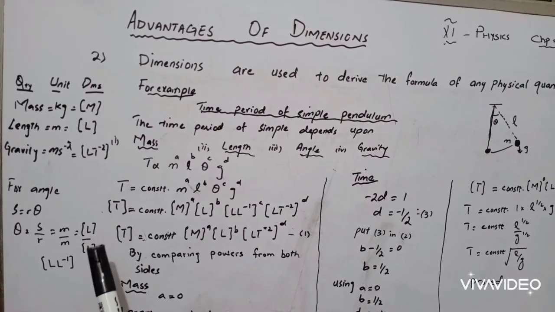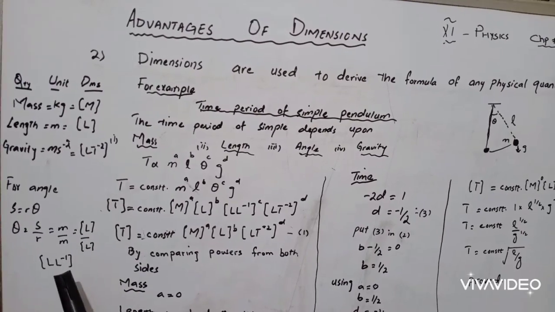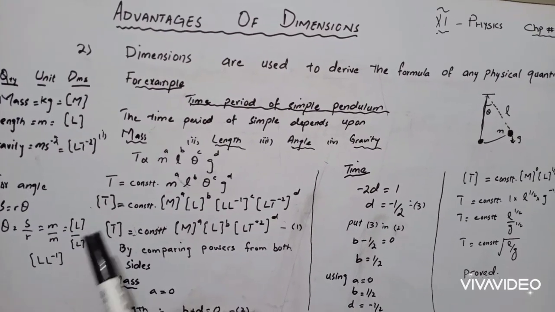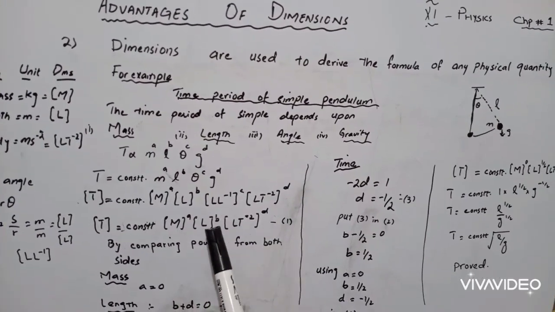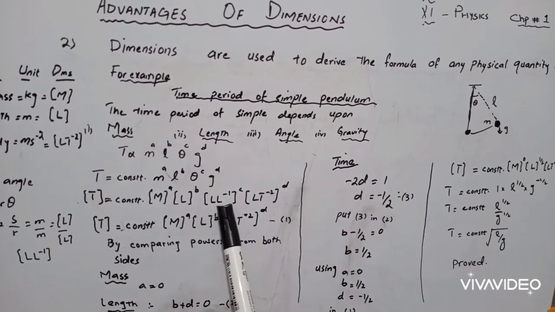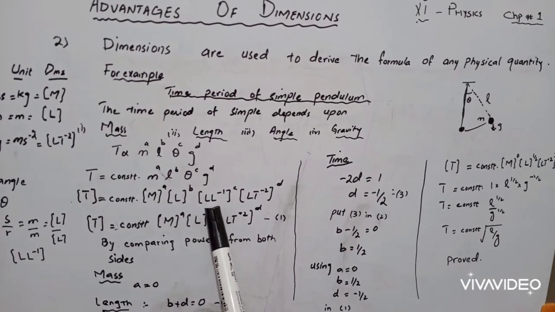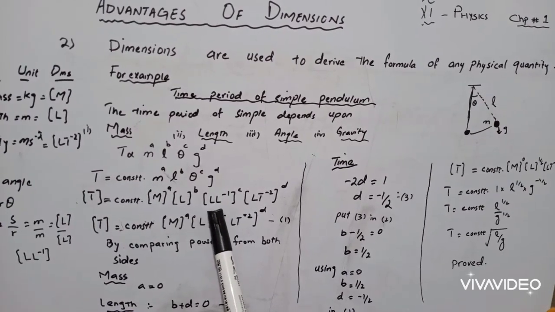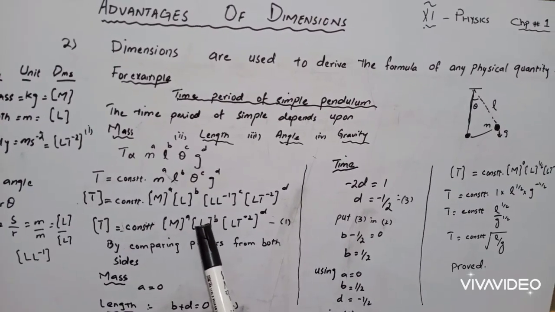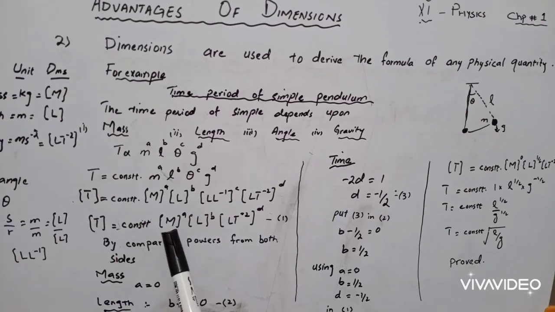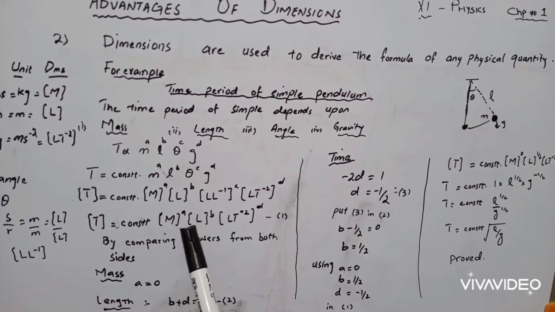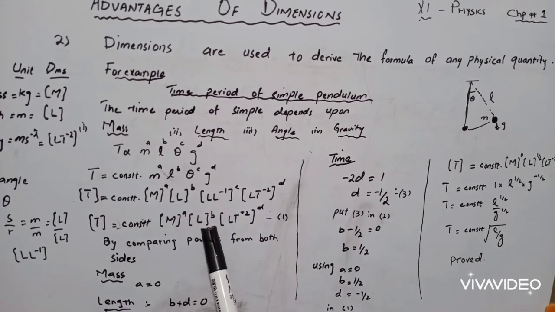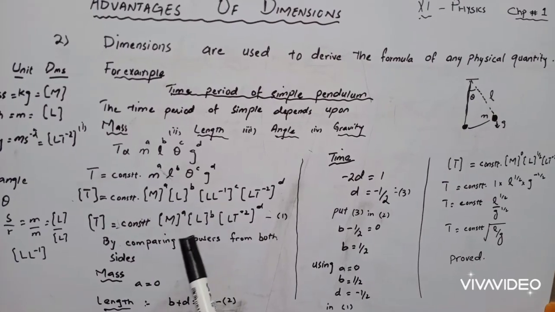Meter has a dimension L, and simply L into L^-1. By placing them in the next step, the L and L^-1 are multiplicative inverses, so they cancel the effect of each other and give the identity. Now you can see that the dimensions of our physical quantities are given.